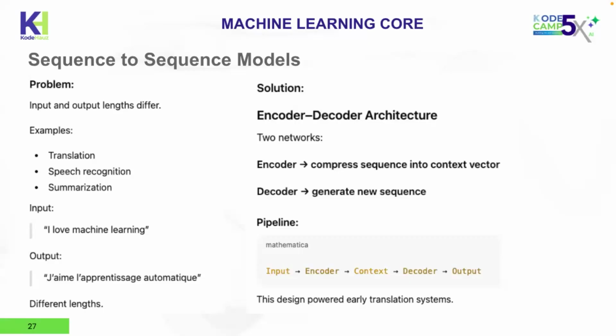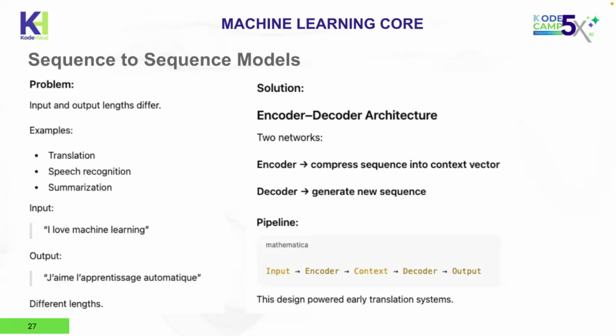And they could have different lengths. It's not like it is going to be the same length. As you can see, the length of the English string here is shorter than the French string, and so on. That's the thing with sequence to sequence models.